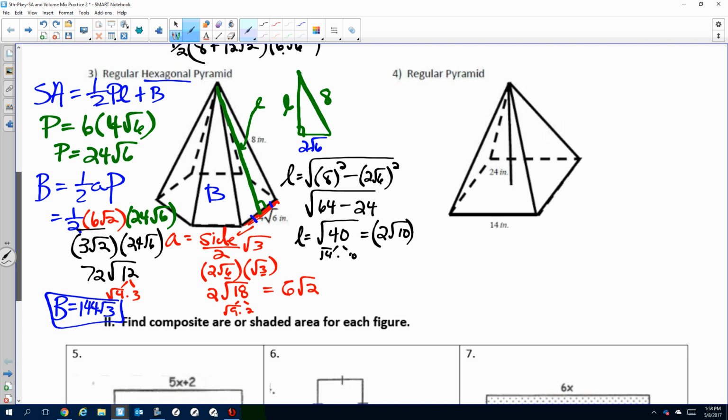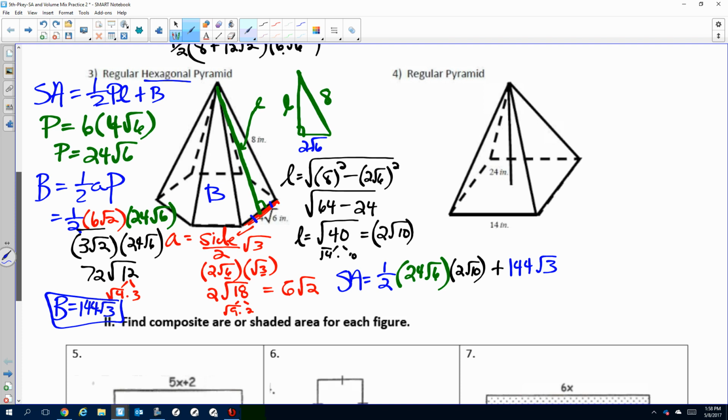Now, to get to my total surface area, I'm just going to plug everything in. My surface area is 1/2 my perimeter, which we had already, 24 root 6, times the slant height, which we just did, 2 root 10, plus the area of my base, which was our 144 root 3. So we're just going to simplify this.